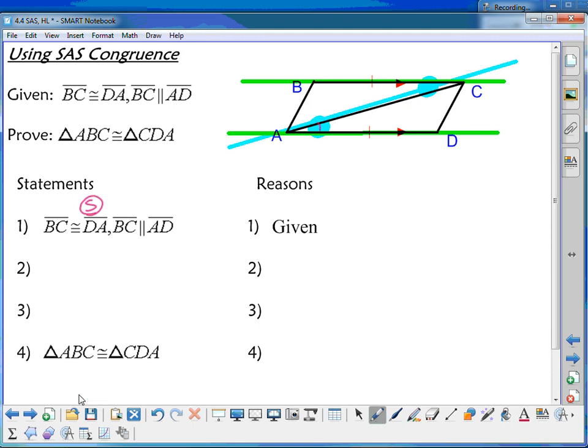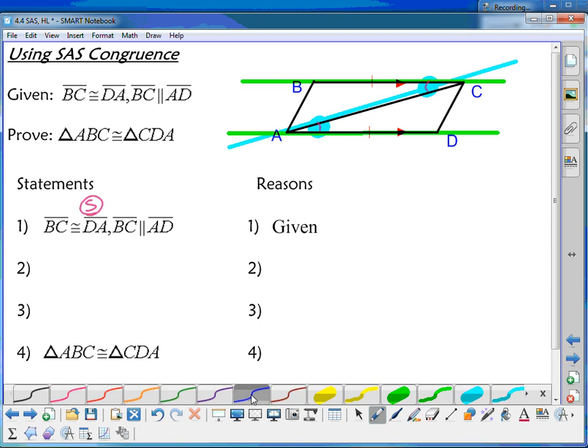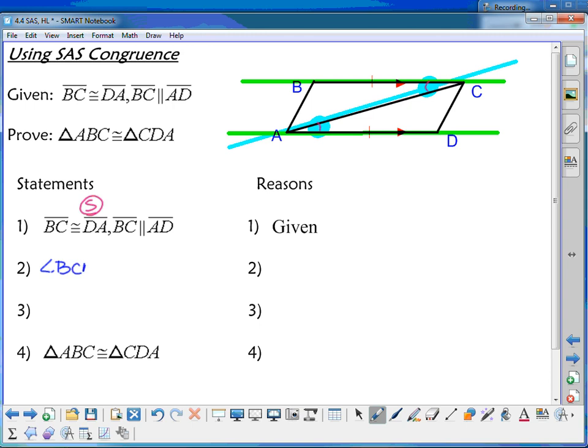And so that's what I'm going to state next in the proof. I'm going to say that angle BCA is congruent to angle DAC, and I knew that by the alternate interior angle theorem.